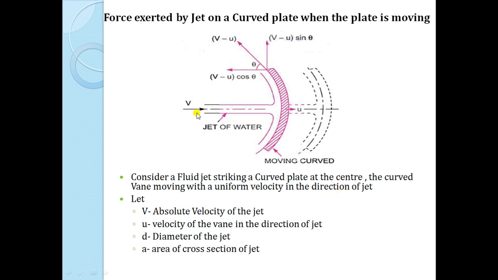Let V be the absolute velocity of the jet, U be the velocity of the vane in the direction of the jet, D is the diameter of the jet, A is the area of cross section of the jet. Now, since the jet is moving and the vane is also moving, the velocity with which the jet strikes the vane will be the relative velocity.